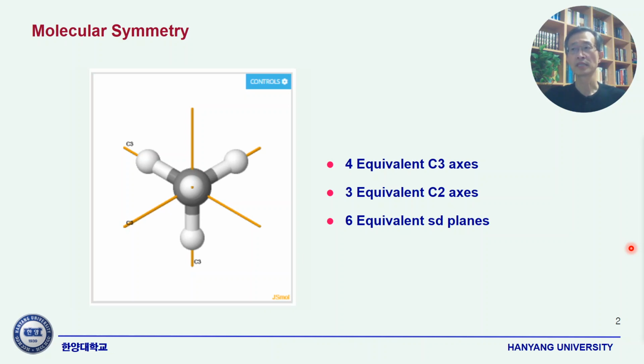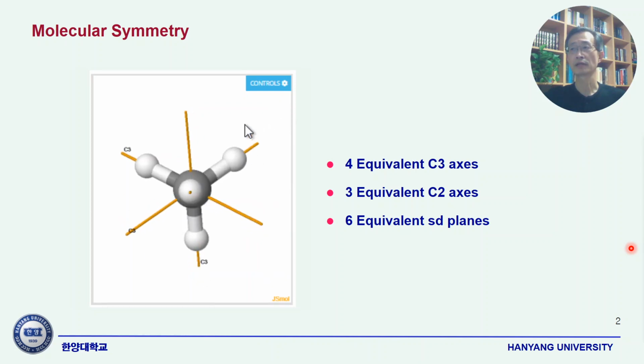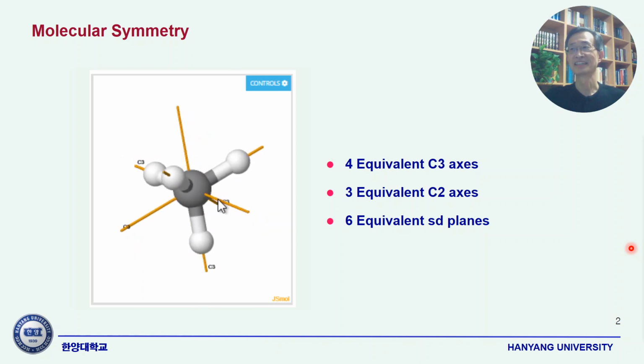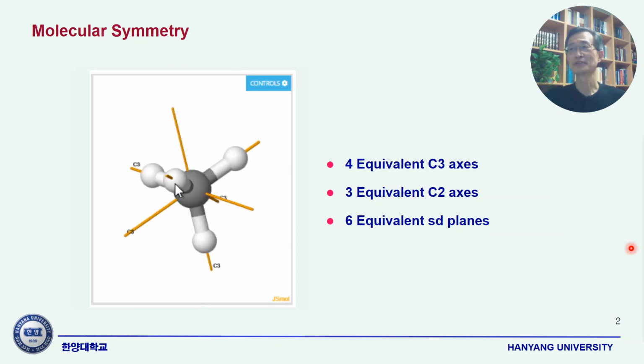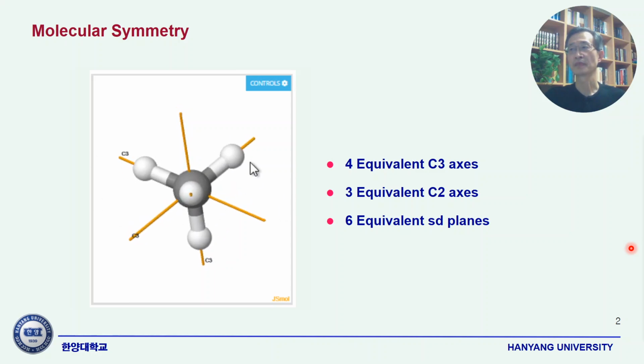So from this axis, you can rotate. Okay, so you see this is a C3 axis, and then you can rotate from this position to that position, and again one more rotation of 120 degrees goes to this, and another 120 degrees goes to this.